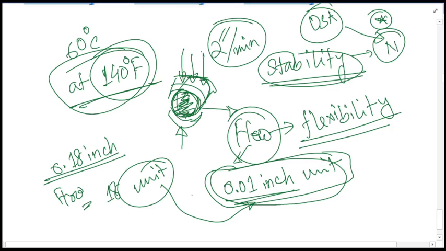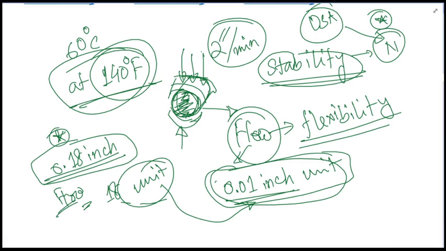Therefore, if you multiply this with this unit, you will get 0.18 inch. So this will be our flow value. So this is 0.01 inch, that is our flow value. We can also express the flow value in millimeter as well.